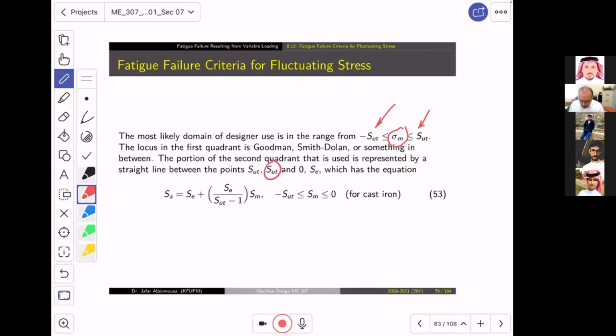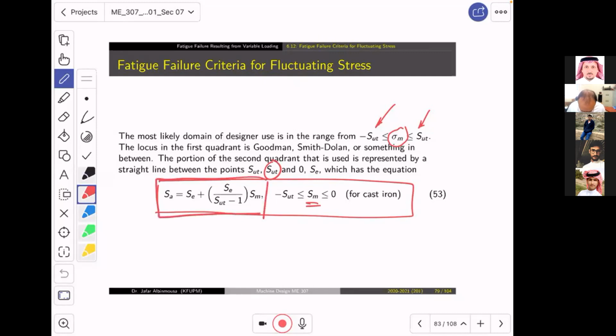So for cast iron, which is not like ceramics but behaves like a brittle material, for SM, the mean strength, less than 0 and greater than SUT, you can use this equation. Only one.